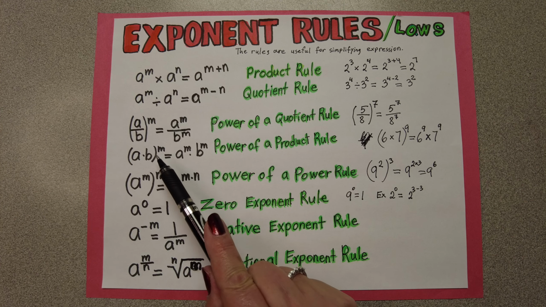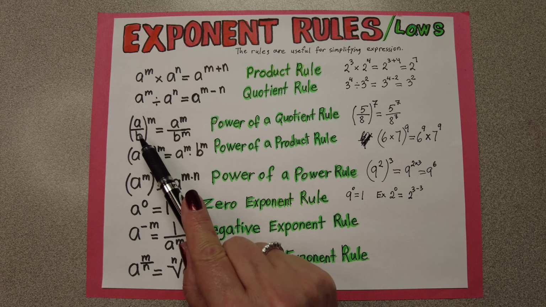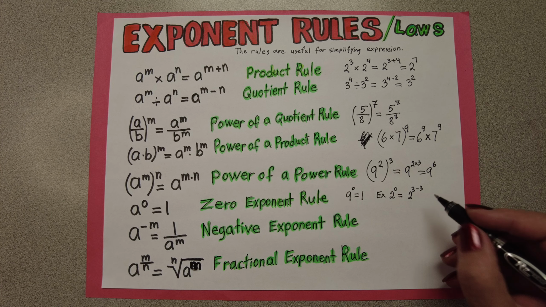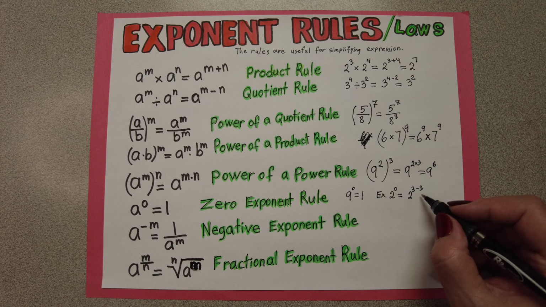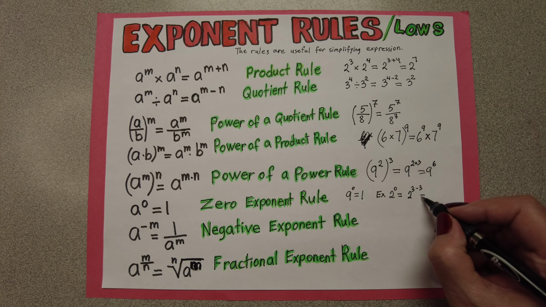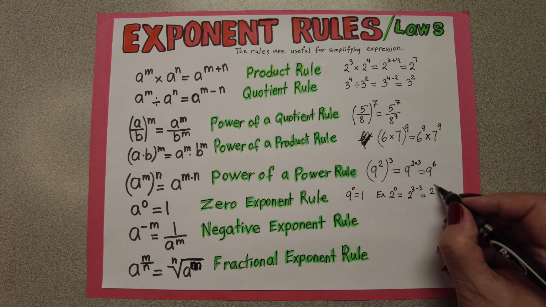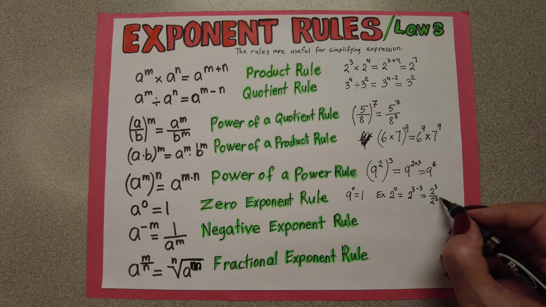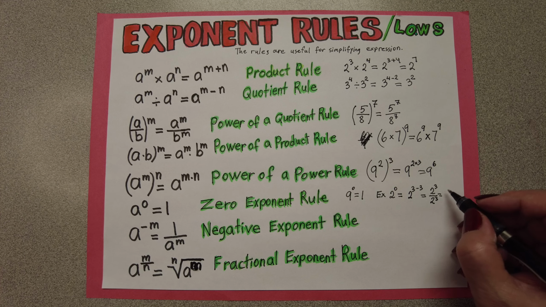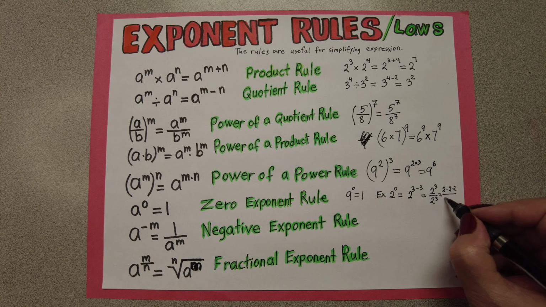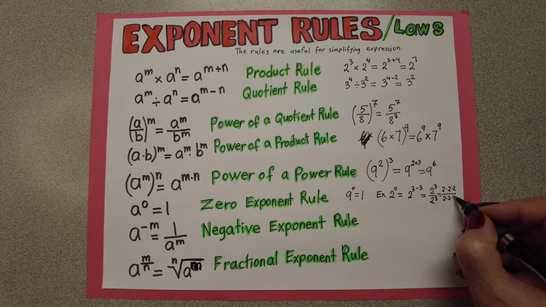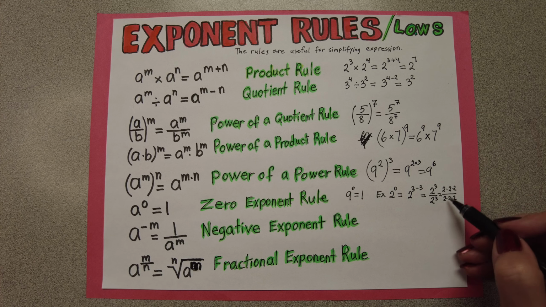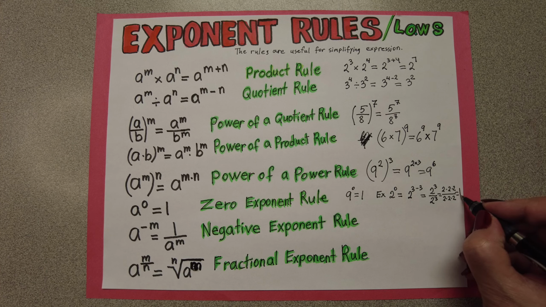When we divide, we can subtract. I would write this as 2 to the power of 3 divided by 2 to the power of 3, which is 2 times 2 times 2 divided by 2 times 2 times 2. Same thing divided by same thing equals 1.